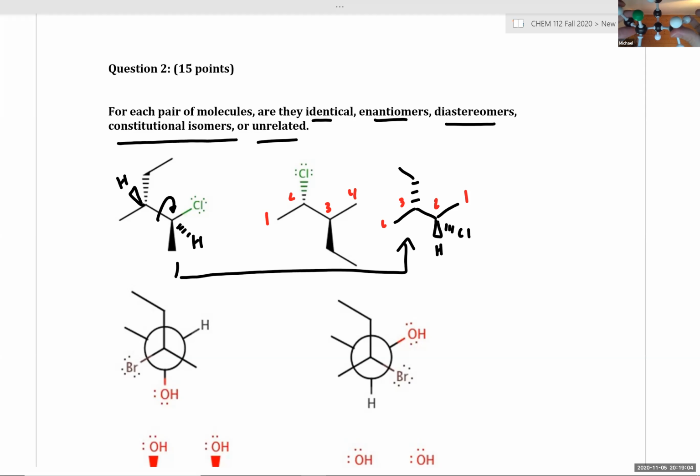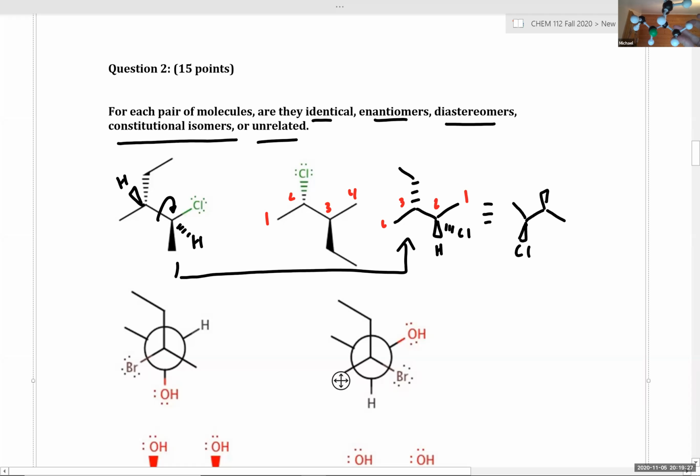Does everyone see how after rotation the ethyl group is now on carbon 2, the carbon that's second from the right? So let's draw what we have now. This time we have our chlorine pointing towards us, and we have our ethyl group pointing towards us, and our skeleton looks like this.